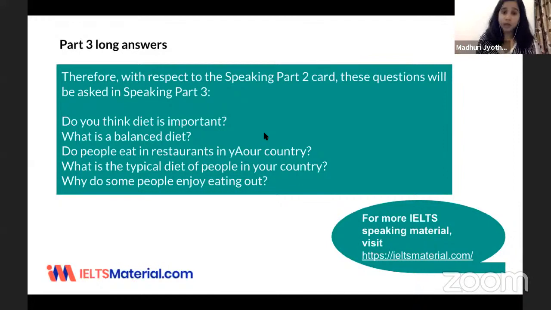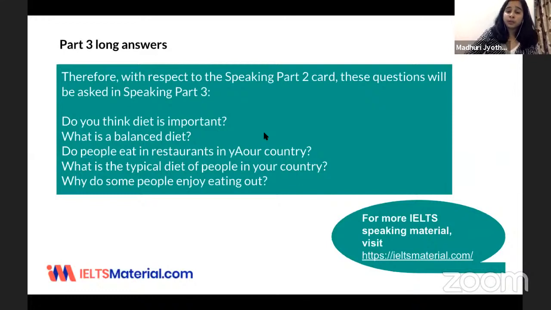Another one is grammar, which is a very important part for all the 4 modules. And lastly, it will be your vocabulary, topic friendly vocabulary. Try not to memorize words by heart and then just go and say them, because examiners are very clever and they would know that you're trying to memorize certain words. So try to use them in your daily life, and then it'll come naturally to you.